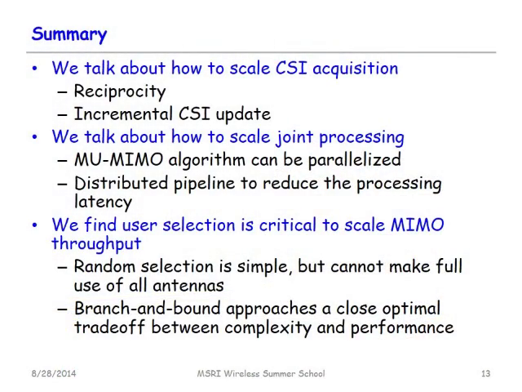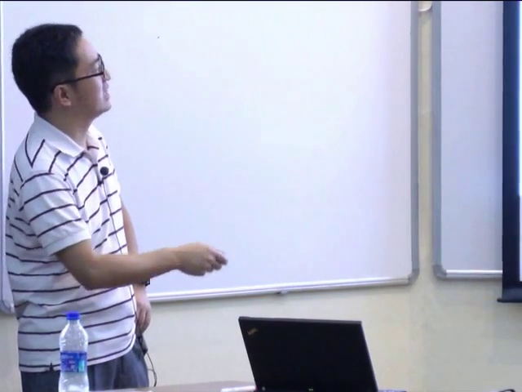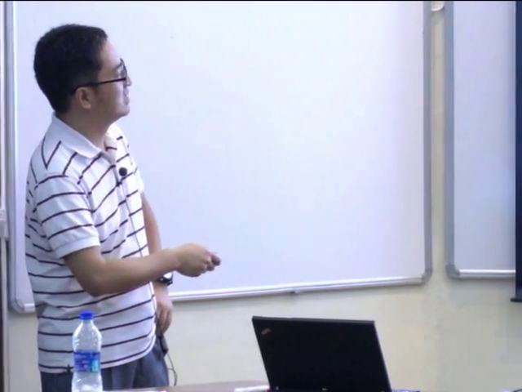So I just summarize this part. Let's say there's a MIMO, we're talking about scalable joining. Now I just give a very quick discussion on the user selection. As in the last talk this afternoon, we use this user selection.